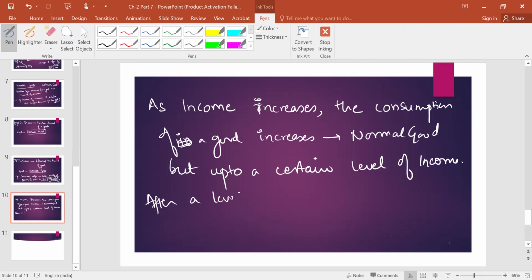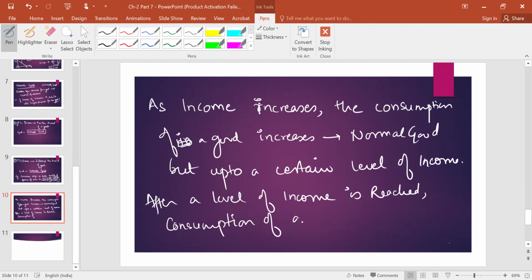However, after a level of income is reached, the consumption of that good falls as income increases. Right, it happens, right? We see this in our day-to-day life as well.